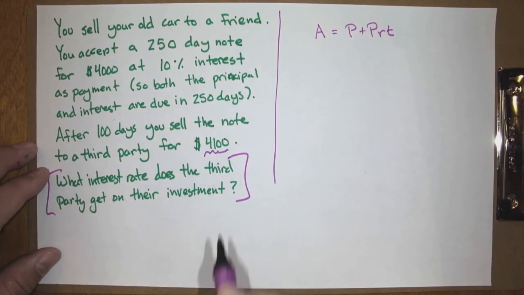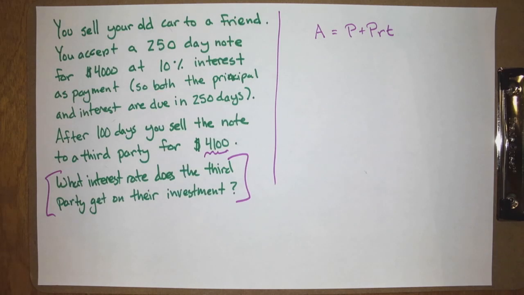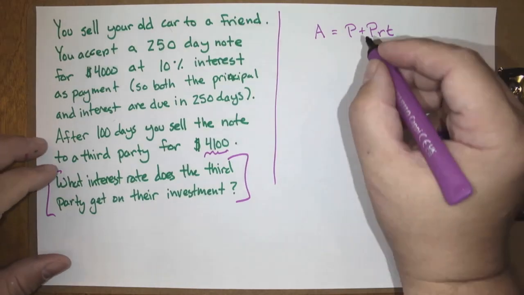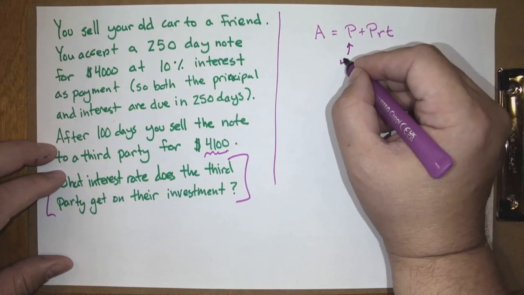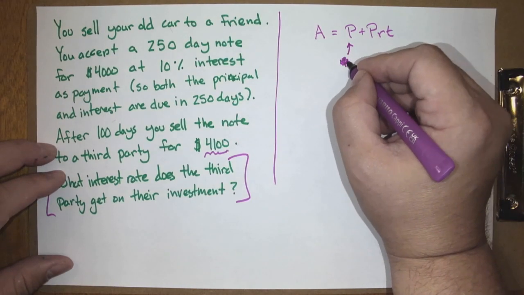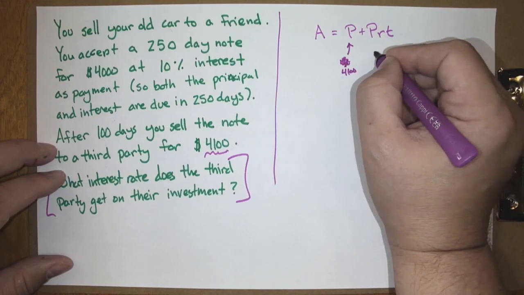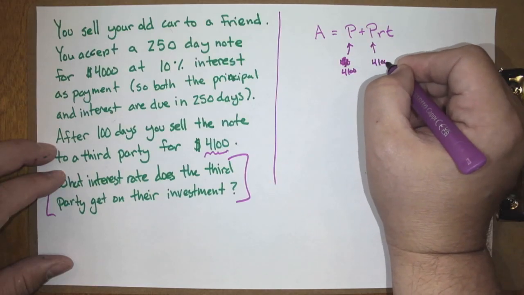That was their investment. So they said, okay, here's the money I'm paying you today. That was their present value. So their initial investment, 4100, goes where the P goes.